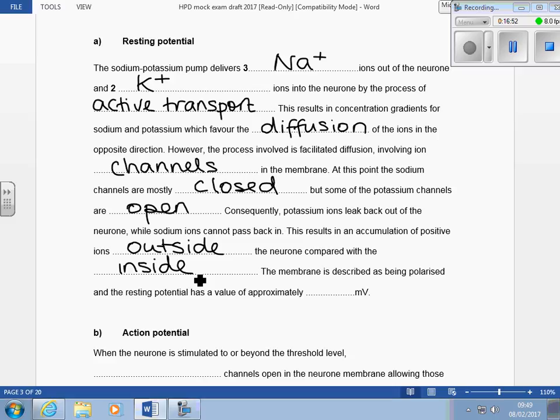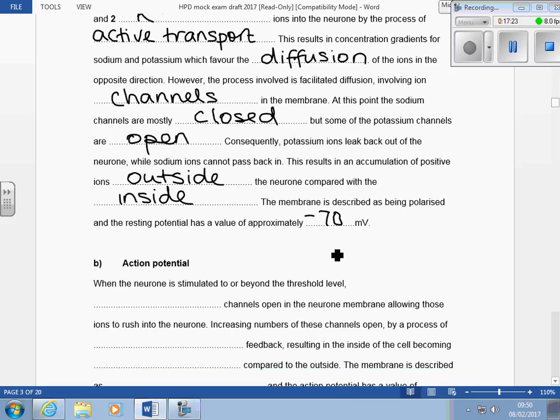The membrane is described as being polarized. I haven't asked you to remember that word, like several of the others, but you need to know it. All the content of this you need. I will put different gaps in the exam, all right? And the resting potential has a value of approximately -70. That's describing the inside compared to the outside. Okay, so that's the resting potential.